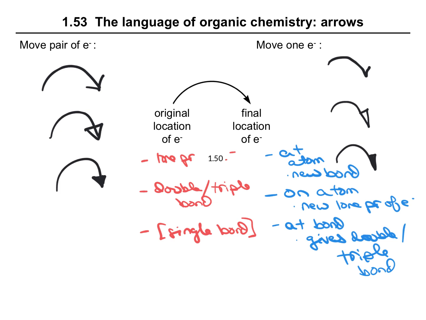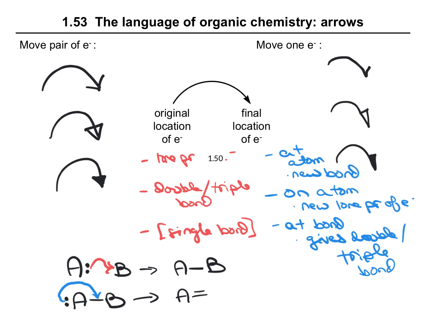So for example, let's say we have A with a lone pair reacting with B, and our arrow goes from here to here, resulting in a new bond. Another example would be if we have A and B, and we have a lone pair on A. If the arrow starts at the lone pair and goes to the bond, then we are ending up with a double bond between A and B. So in both of these cases, we're starting with a lone pair.